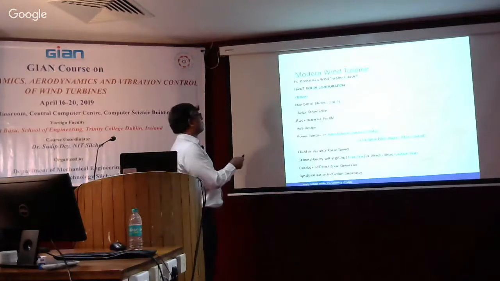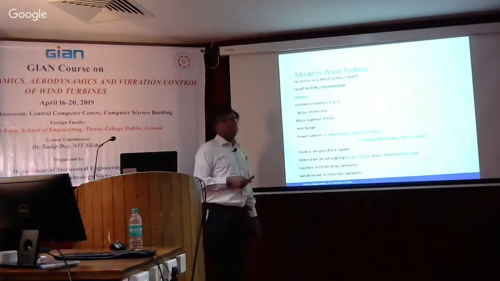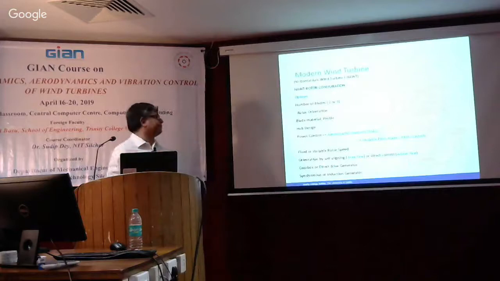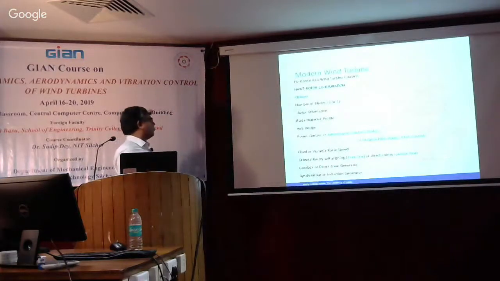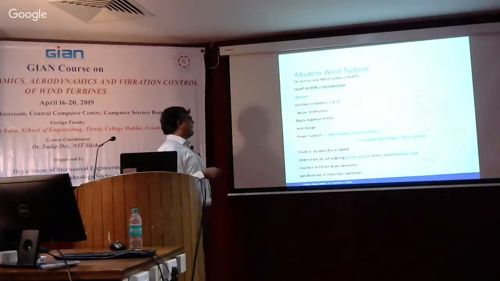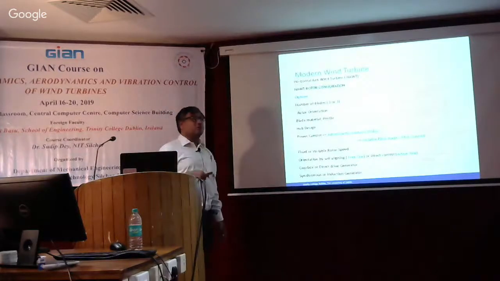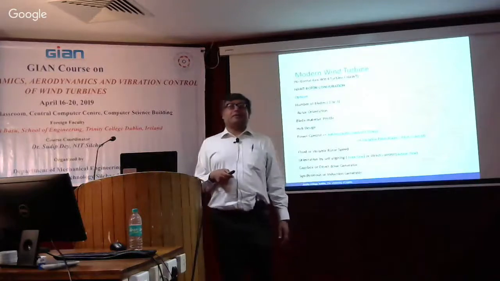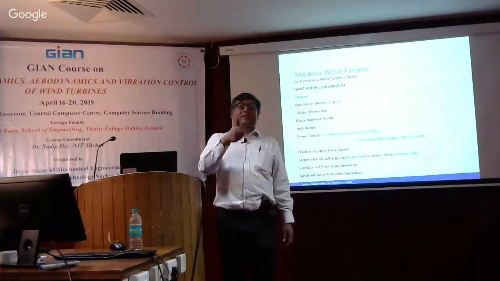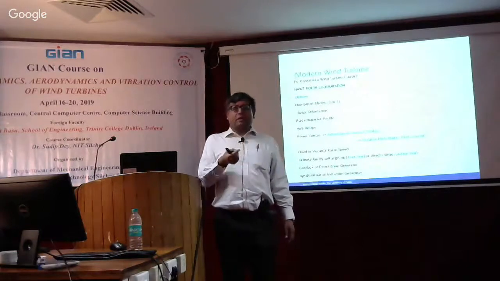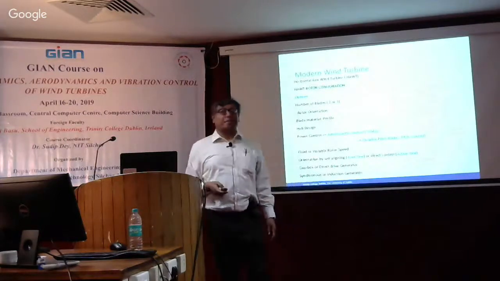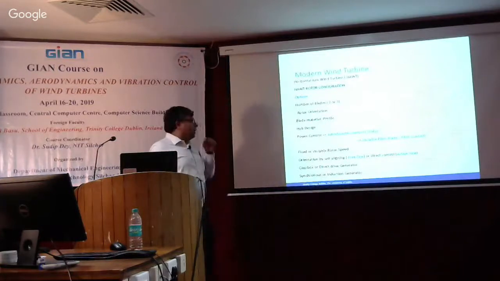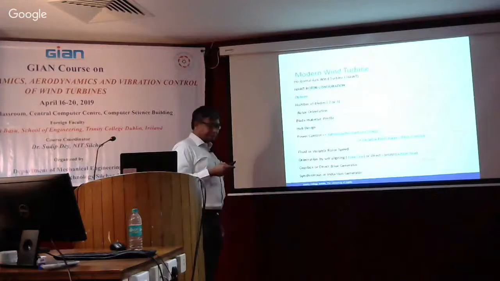We have already discussed the rotor configuration, downwind and upwind, which is quite obvious. The number of blades is usually 2 or 3, and 3 is preferred because if you have 3 blades and add the vertical and horizontal components, there's no net horizontal force acting.